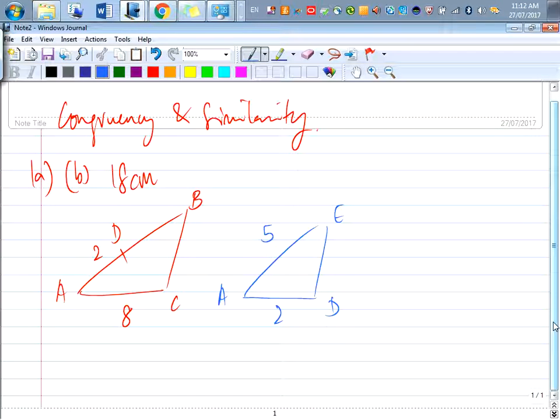Since they are similar triangles, the ratio of the corresponding sides will be the same. In other words, we are going to compare this side with this side, and then this side with this side. Presentation wise, it will look like this.